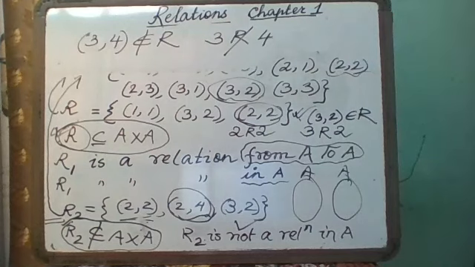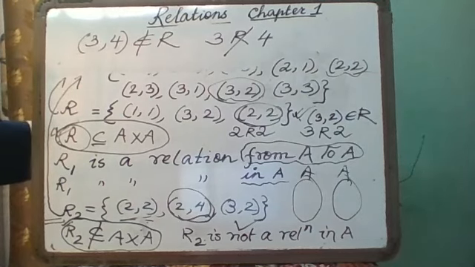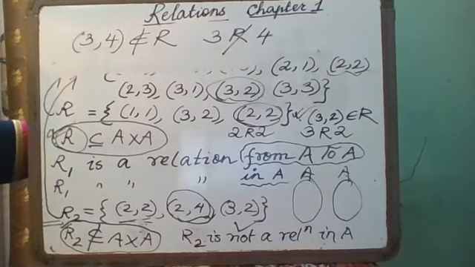The next one, 2 R cancelled, 2 is not related to 4, because as per the question, 2 minus 4 will not give me 2. It will give me minus 2. Okay, so that's all about relation. In order to be a relation, what is mandatory? It has to be a subset of A cross A.